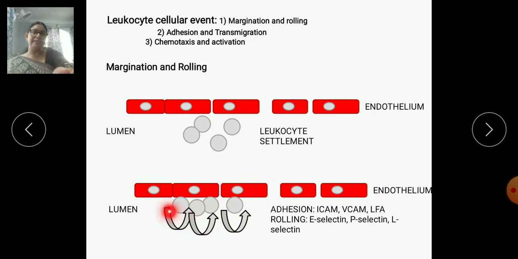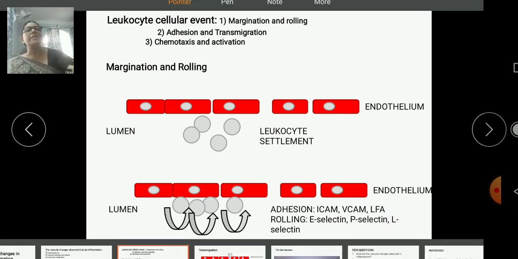Rolling means, suppose it has bound here, it moves, it rolls like a ball, and comes near to the gap that is present. Adhesion takes place by certain proteins like ICAM, VCAM, LFA, and the rolling takes place by certain proteins called E-selectin, P-selectin, and L-selectin.